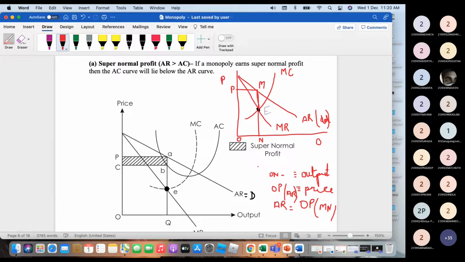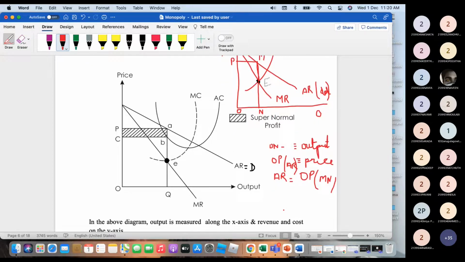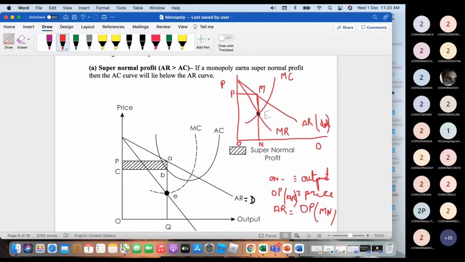So your average revenue when the firm is producing ON level of output, you'll write it down. At ON level of output, change the line and write down AR is equal to OP in the bracket, which is also equal to MN.